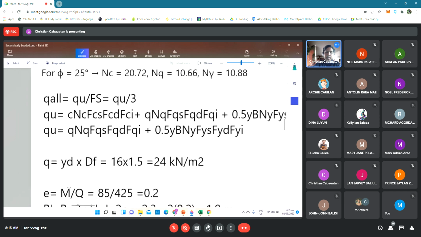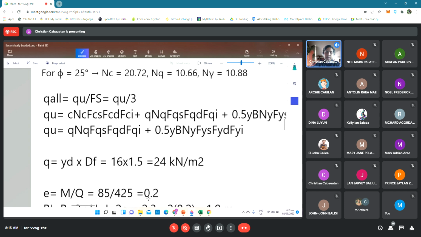Next is the effect of the eccentricity. How do we get the eccentricity? As I have said before, eccentricity is equal to the applied moment divided by the total applied vertical load. So 85 divided by 425, the eccentricity is equal to 0.2.